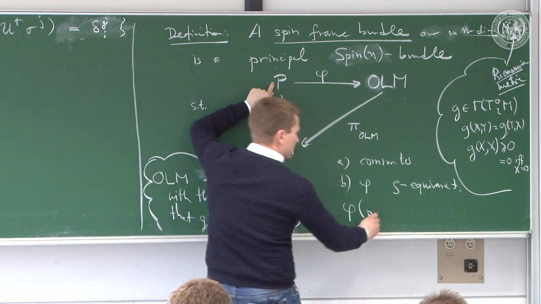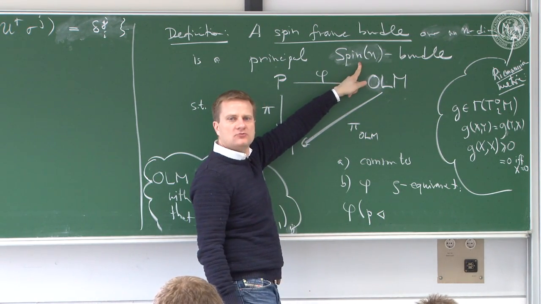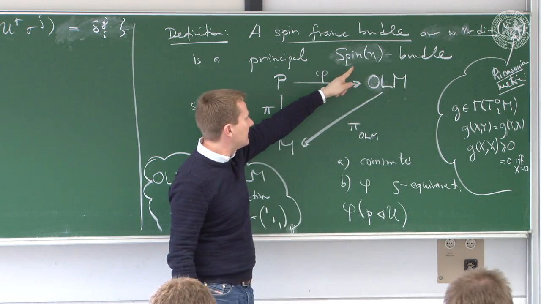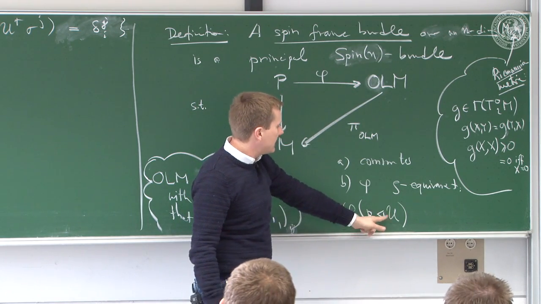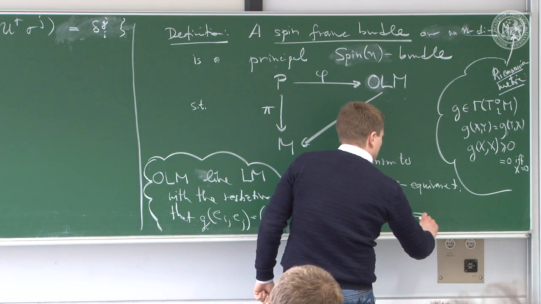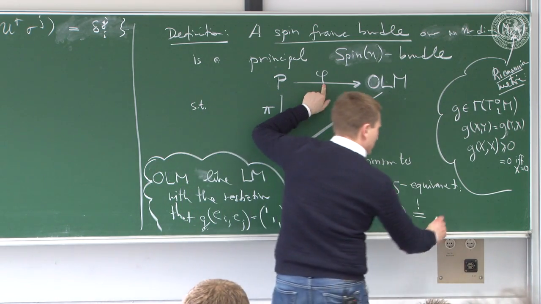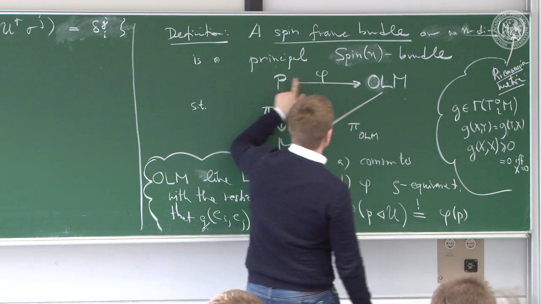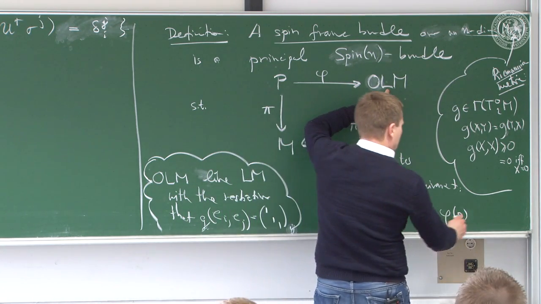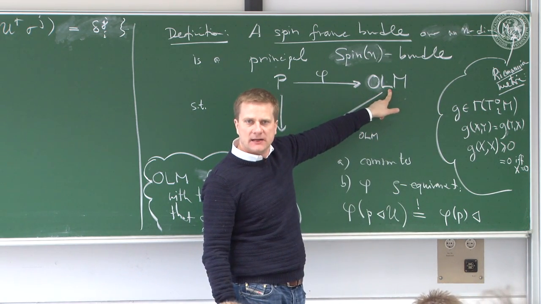But because this is a principal bundle, there is a Spin(n) right action, and an element of Spin(n), let's call this U. And I want to require that this is compatible, that I first map the point P over here, but now I'm on the orthogonal frame bundle, and I would again like to act from the right, because this is also a principal bundle.